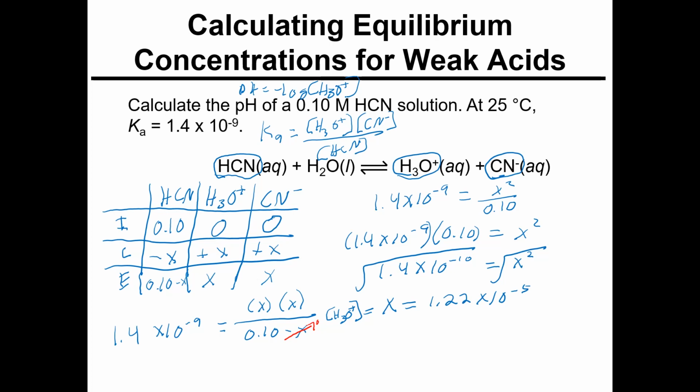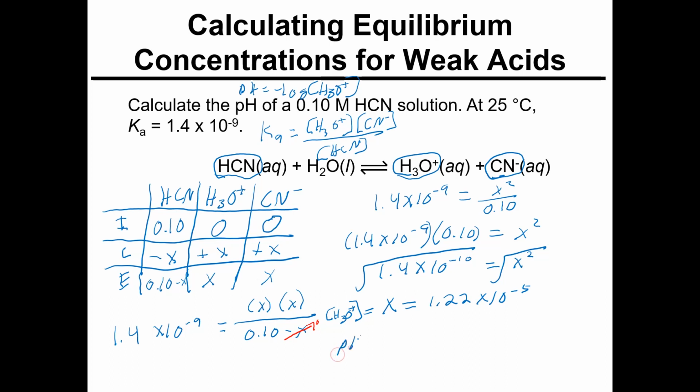You're not really going to be getting yourself anywhere if you're calculating things that the problem didn't ask for. Those are all nice things to know in some circumstances, but what we want to know is the pH. So all we need to figure out from the information we have down here is the H3O+ concentration. Since H3O+ we represent as X, we already have the H3O+ concentration.